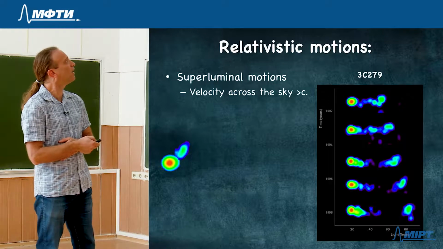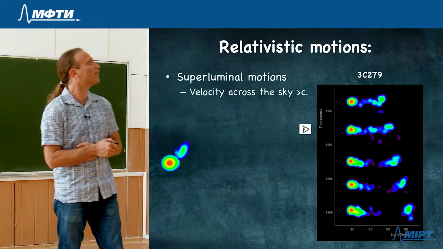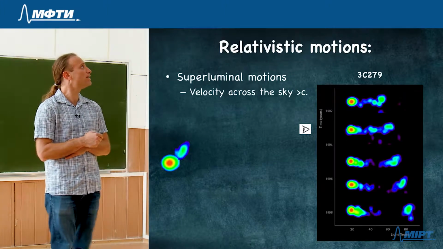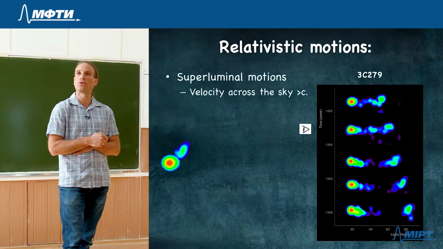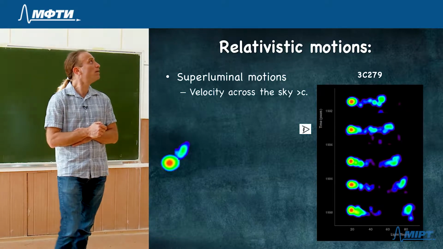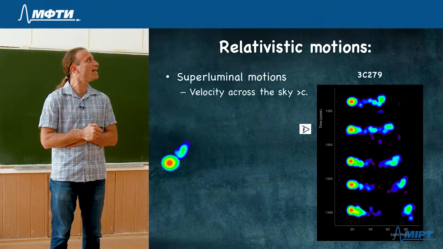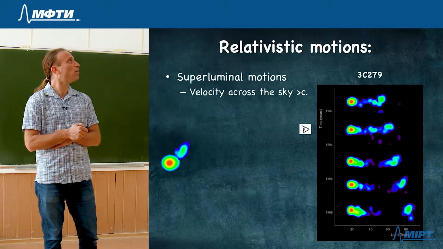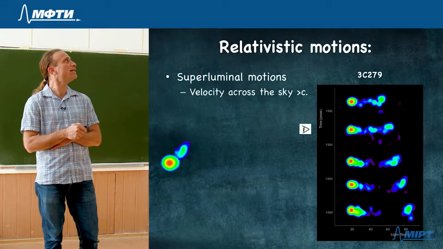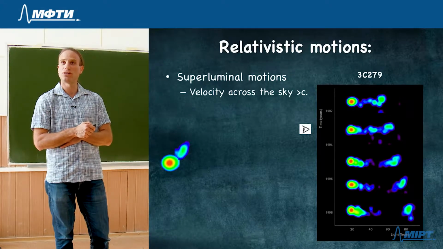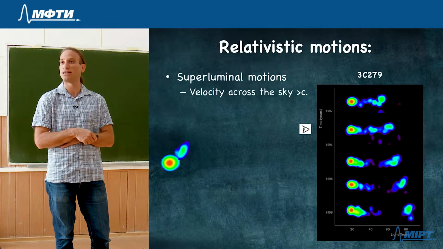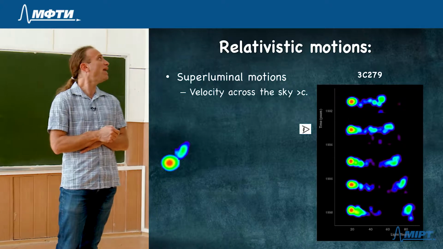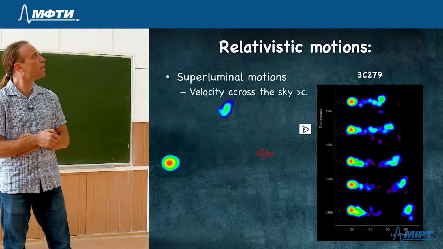Let's take for example this toy model. So this is the center of the blazar. Okay, the observer is looking over here, and here we have this blob, and this blob is going to shoot out at an angle of theta from the line of sight. Now, at the moment that this blob leaves the center of the galaxy, it will emit its first photon. So every photon that hits the observer is an observation. Okay. So the first photon will represent the first image, and here's the photon coming to the observer.